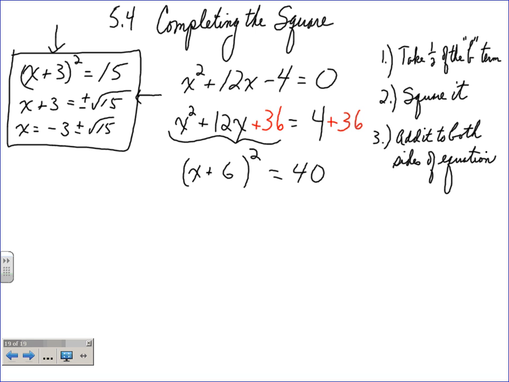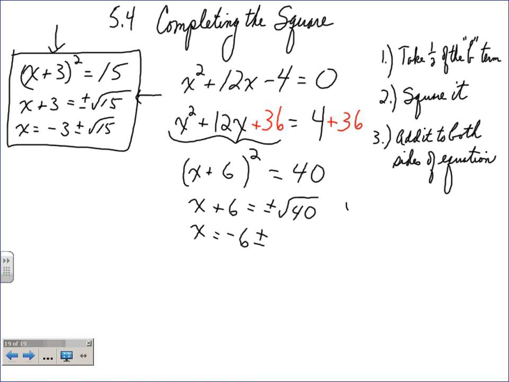And now I can solve it like I solved this first problem, this example. I can solve it by taking the square root of both sides of the equation, plus or minus, and then subtracting 6. So we have negative 6 plus or minus square root of 40. Can I simplify that a little bit?